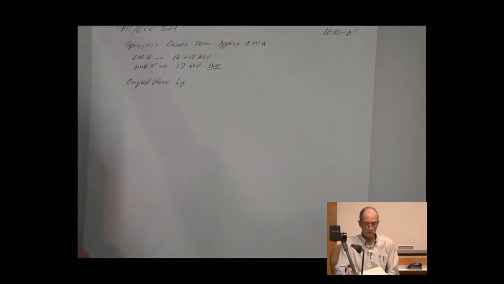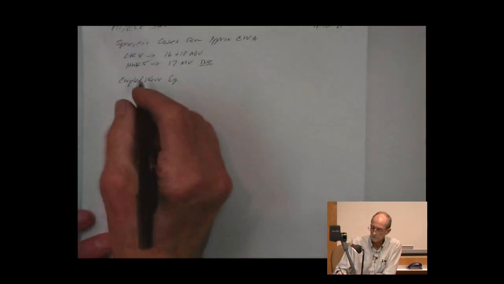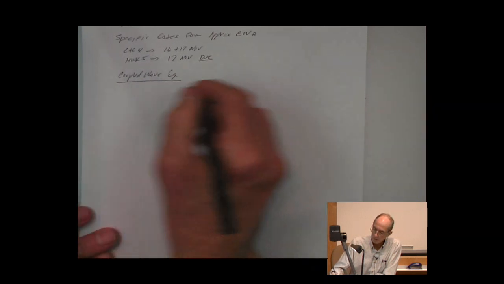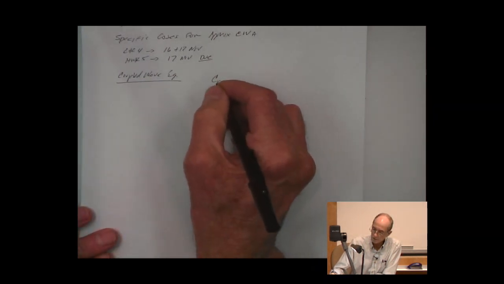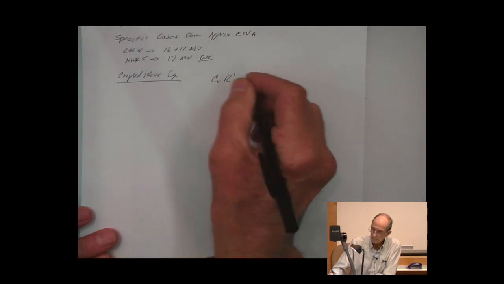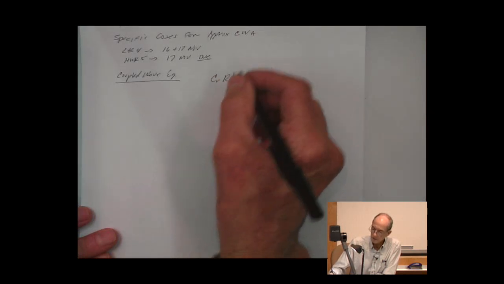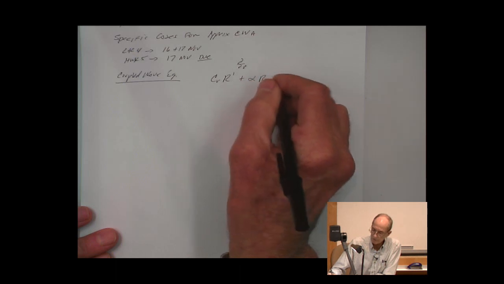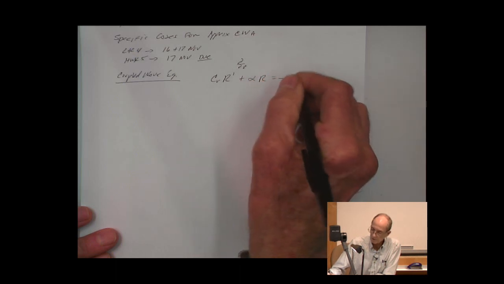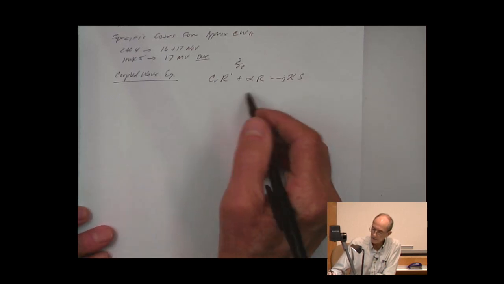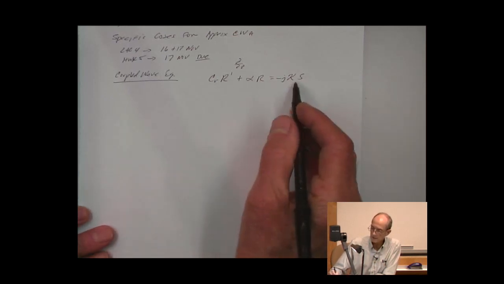We reduce them to single derivative expressions where we have c sub r, which is the cosine of our angle of incidence, times the derivative with respect to z of the reconstruction field, plus the average absorption times R, equals minus j times the coupling coefficient times S. So this has the coupling between the reconstruction beam and the signal beam.